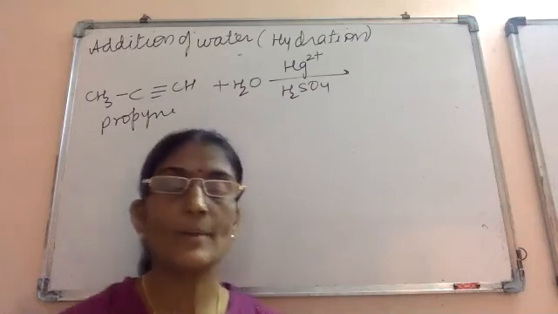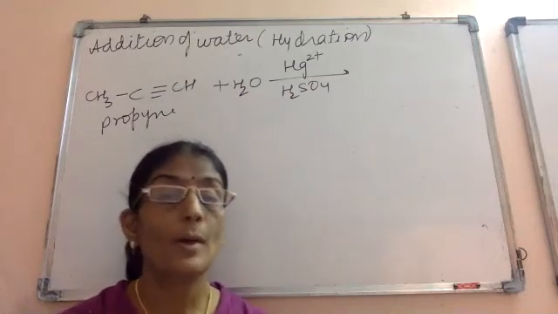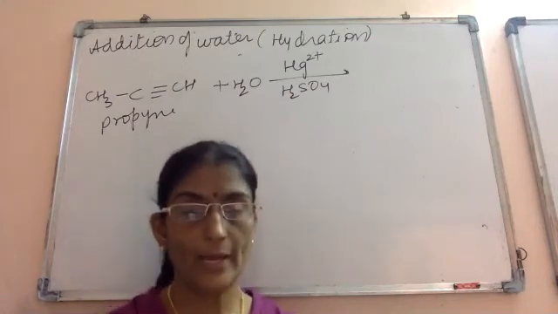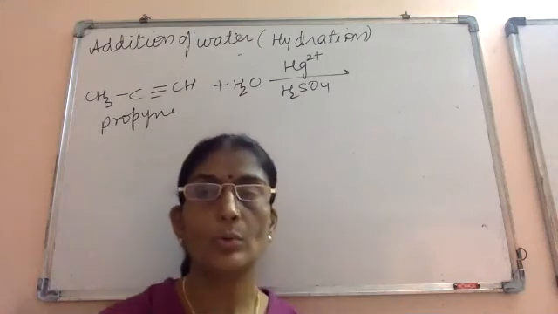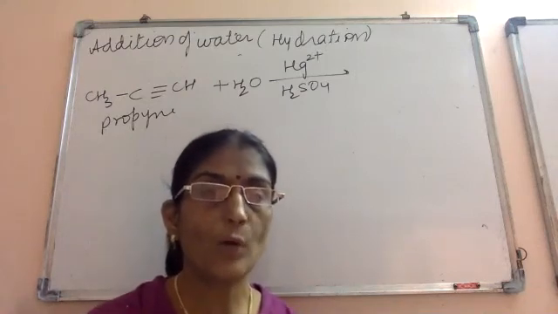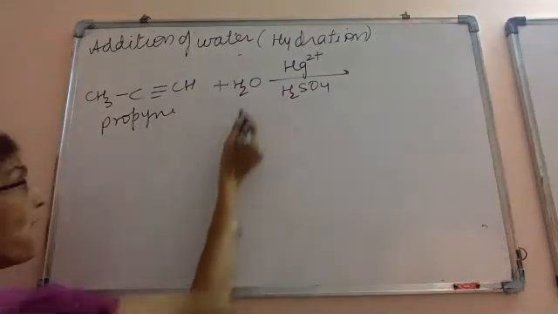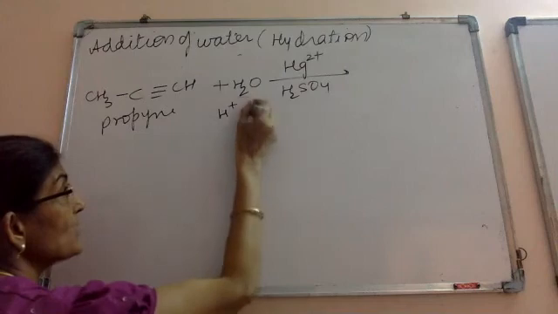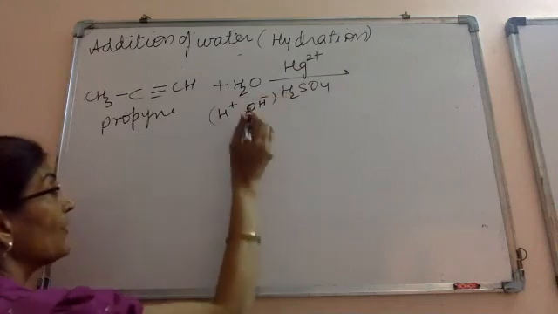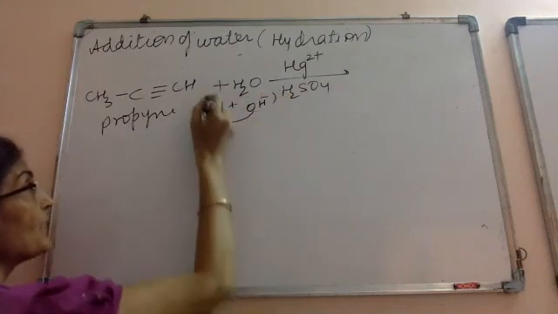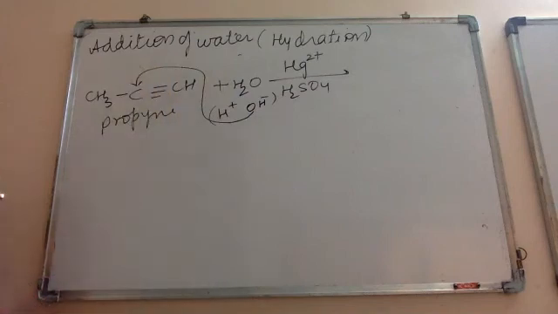So the reaction takes place in presence of mercuric ion. Now we have to add water according to Markovnikov rule. We have H plus and OH minus in water. The electronegative part, OH minus, will add to the carbon having less number of hydrogens.